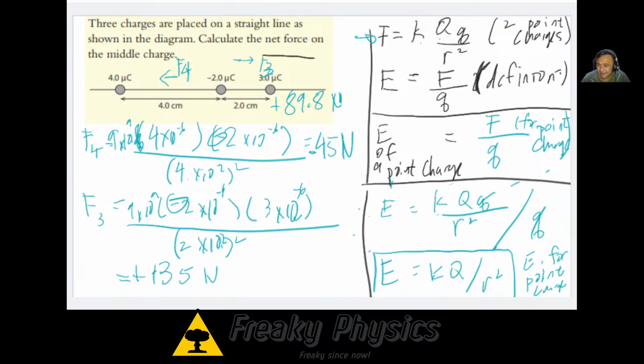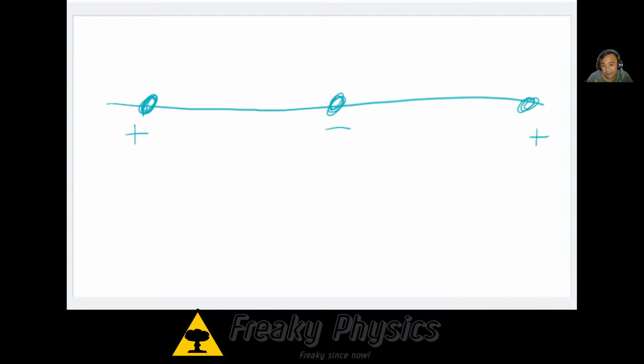Get it? No. All right, so let's make that bigger first. Okay, so again, that's our line. These are our charges. I'm not putting the numbers, I'm just saying that's positive, negative, positive, right? Yes. So the question was, what's the force on the middle charge?